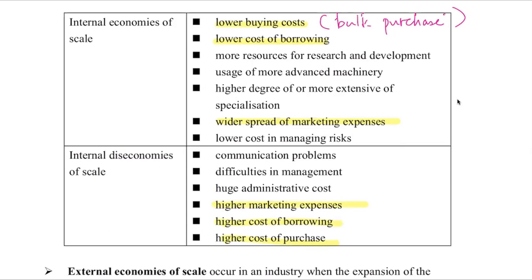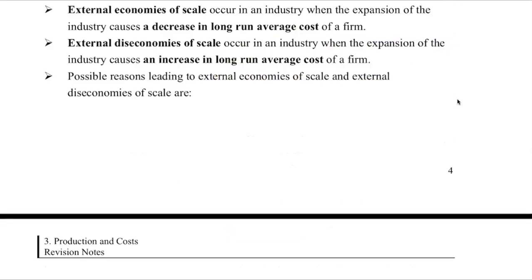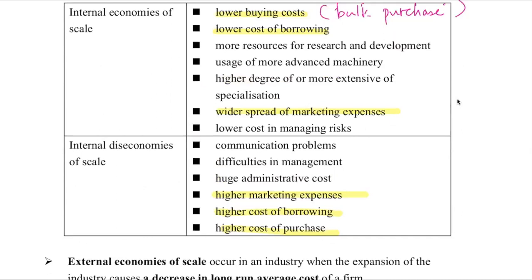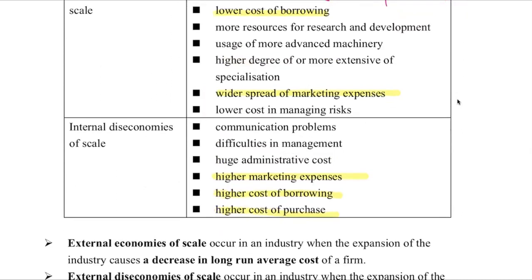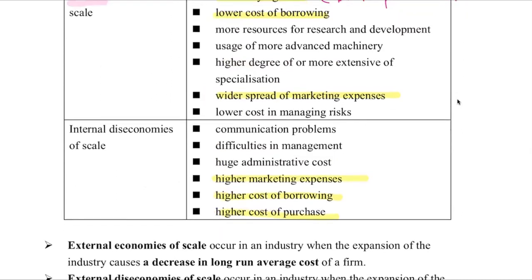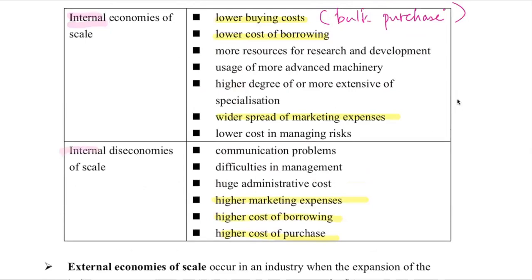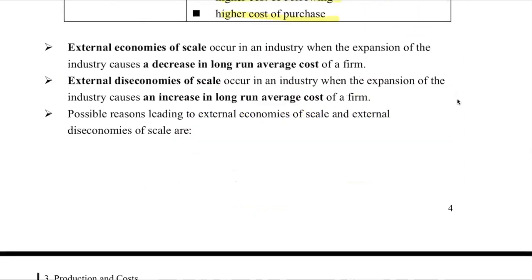Okay, so then using these three elements is okay. But remember, this table is really talking about internal economies of scale. So actually you need to memorize six points, because there is also external economies of scale.